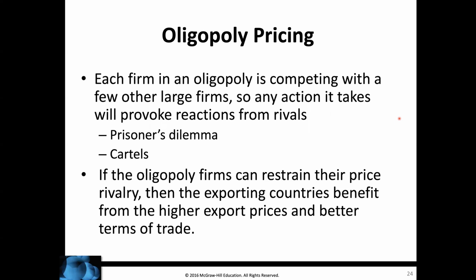But if the oligopoly firms can restrain their price rivalry, so if they can stop from getting into a price war, then the exporting countries benefit from the higher export prices and better terms of trade. Just recently, we've seen a bit of a price war between the Middle East and Russia on oil, and that drove down the price of oil.